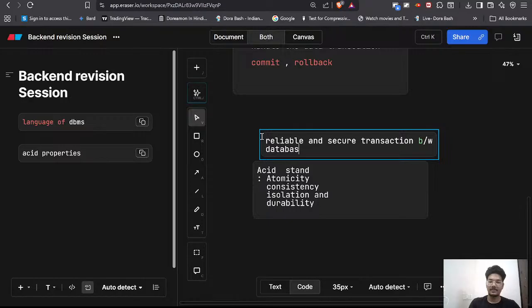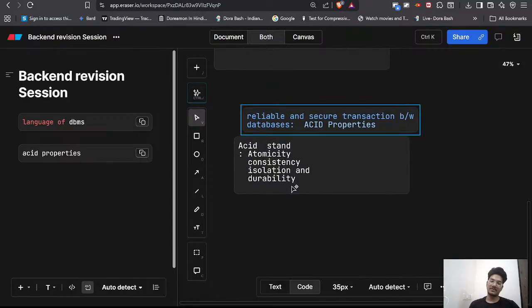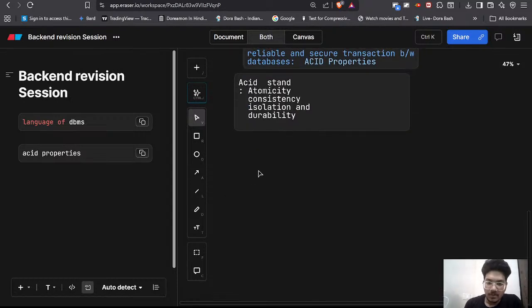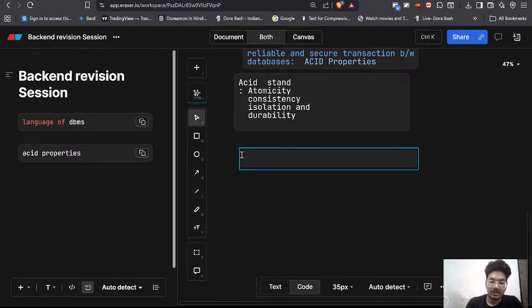ACID stands for atomicity, consistency, isolation, and durability. So what is atomicity?